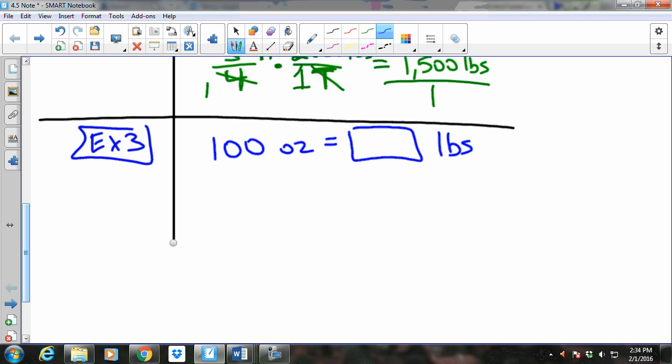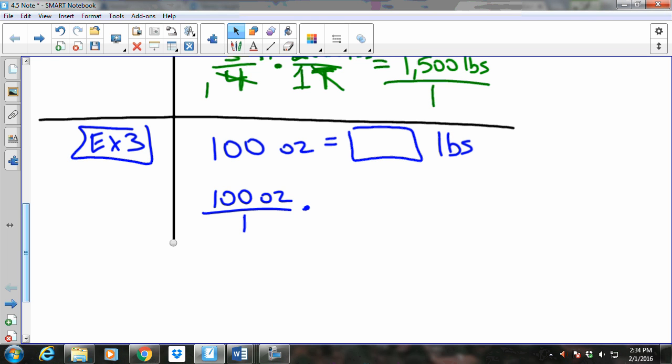All right, so following the steps, write what you know as a fraction. So we know what we have. We have 100 ounces over 1, and we know we're going to be multiplying it. Step 2 says look at your conversion chart. Find out the conversion ratio. We're working with ounces and pounds.